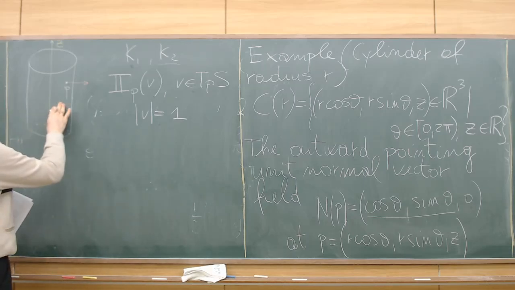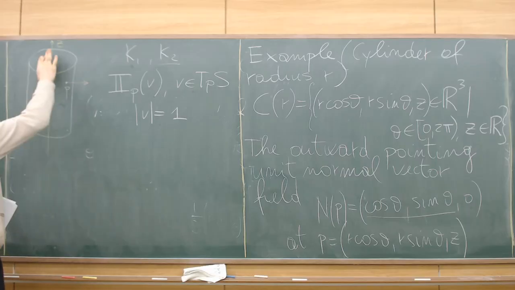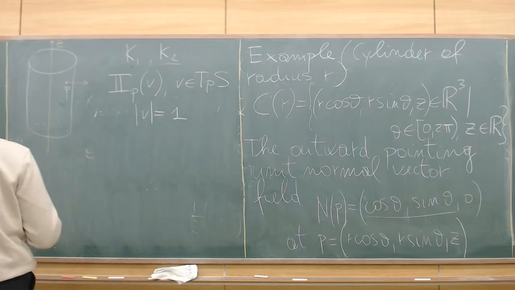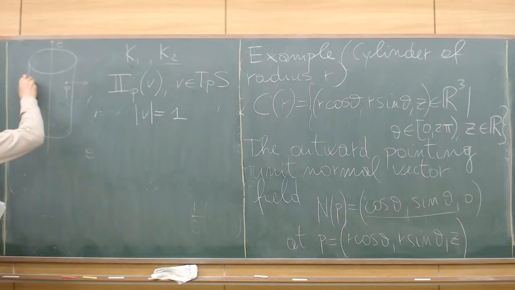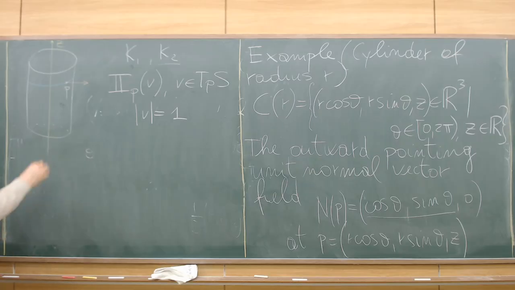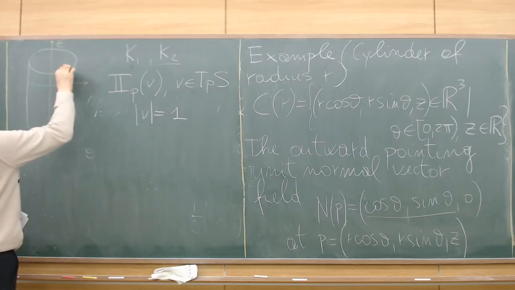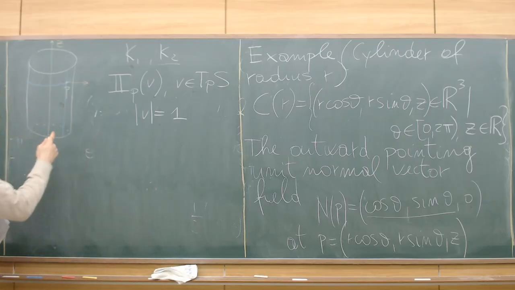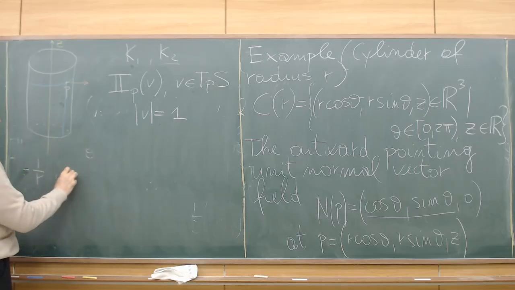On a cylinder of radius r and a straight axis, there are two special curves. There are circles like this, for which it's easy to find the curvature, and there are straight lines, vertical straight lines like this. Also in this case it's easy to find the curvature, and the respective values will be minus 1 over r and 0.